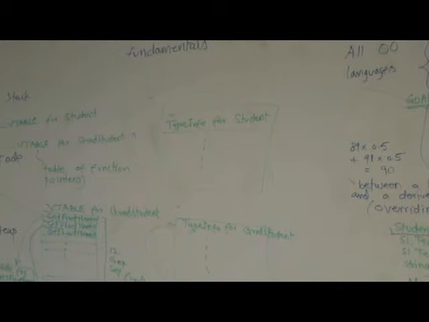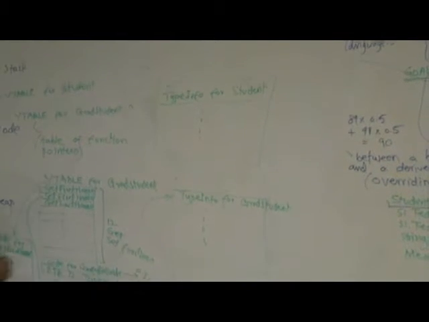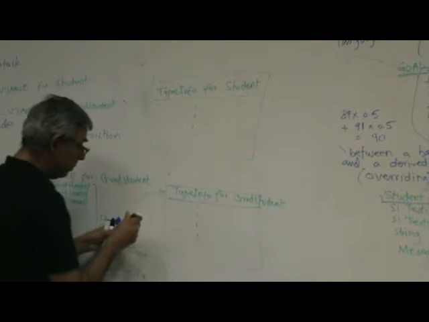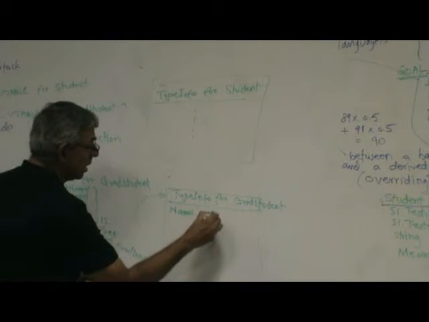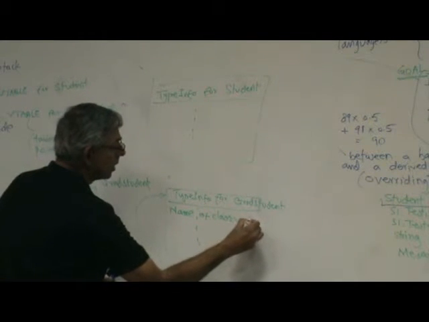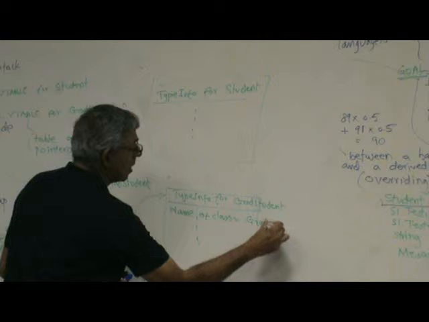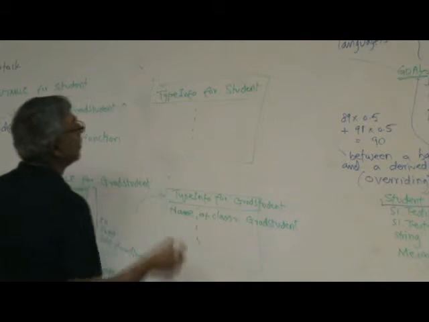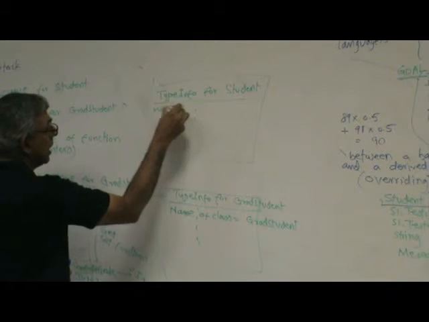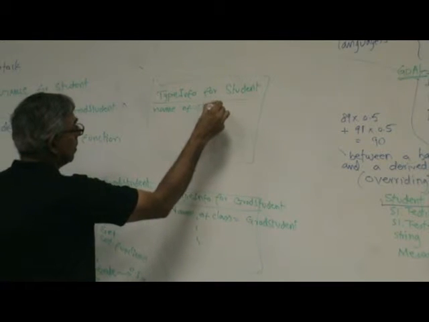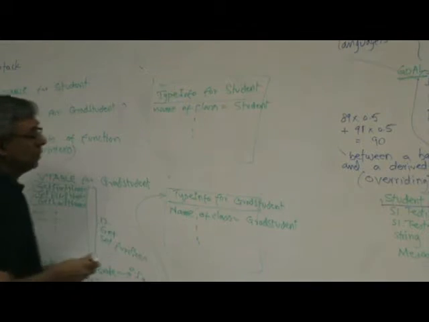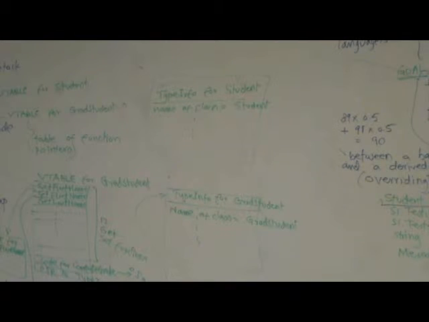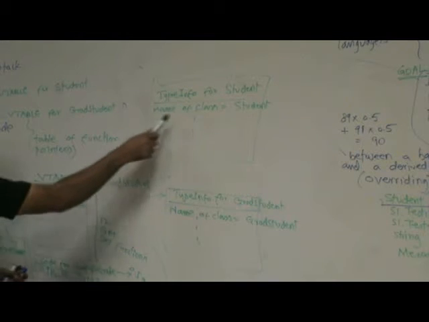One of the pieces of information in the type info part will be the name of the class. Name of class equal to grad student. For example, over here we'll say name of class equal to student. Then further, as I mentioned briefly in the last lecture, there's a lot of additional information that's put over here.